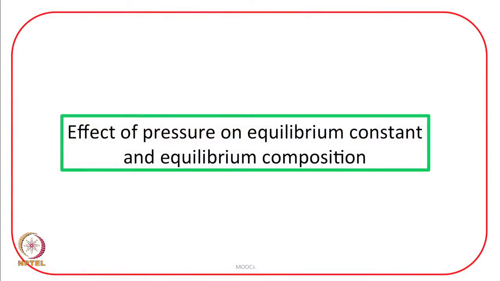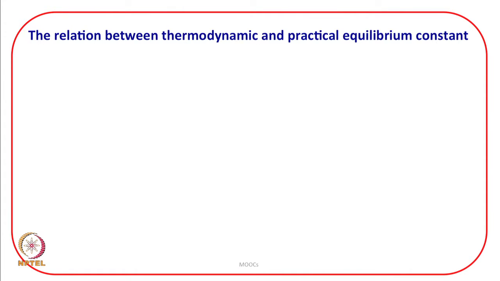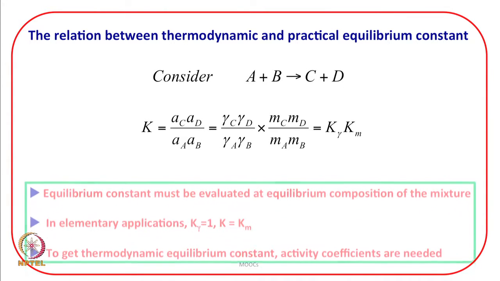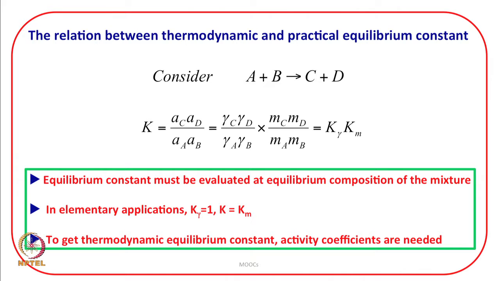Now, let us discuss the effect of pressure on equilibrium constant and equilibrium composition. So, once again, quickly going through the thermodynamic and practical equilibrium constant, I have already discussed the derivation of this relation, but highlighting some facts: the equilibrium constant must be evaluated at the equilibrium composition of the mixture.